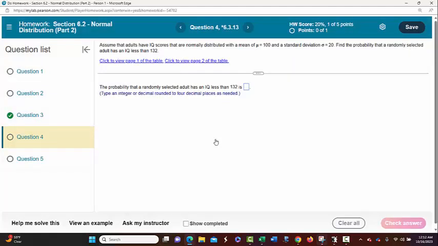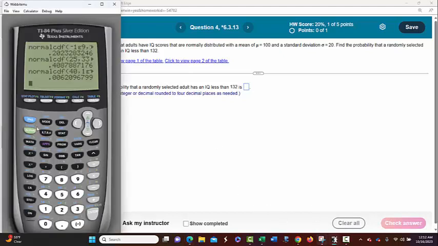Okay. So we have adult IQ scores are normally distributed, mean 100, standard deviation 20. Find the probability that a randomly selected adult has an IQ of less than 132. So here we can go.